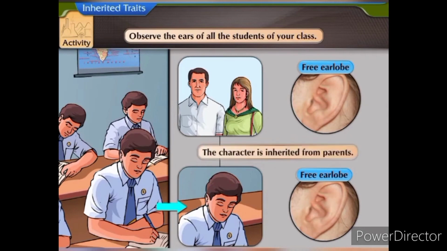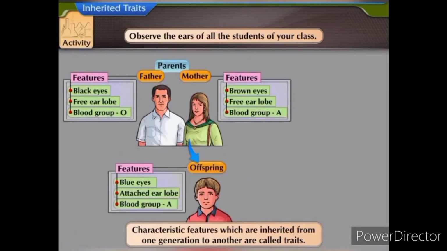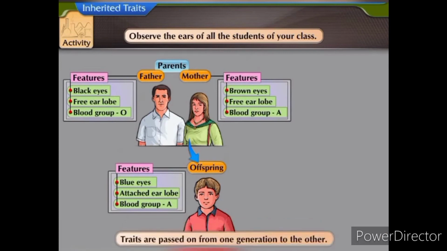This character is thus inherited from the parents. Such characteristic features which are inherited from one generation to the other are called traits. These traits are passed on from one generation to the other. Let us now proceed to understand the rules for the inheritance of these traits.